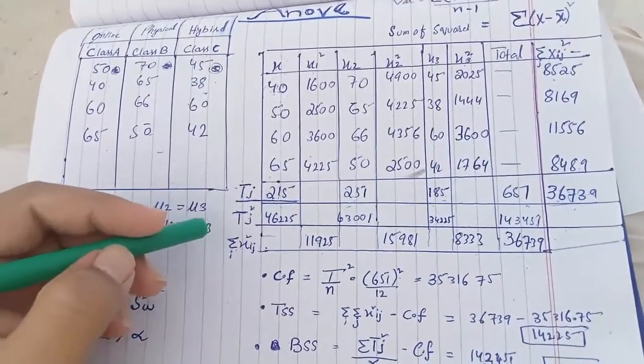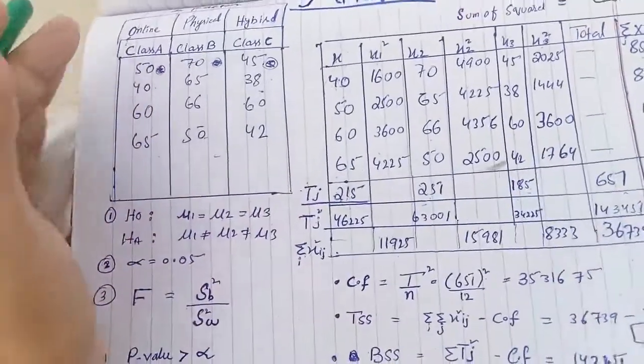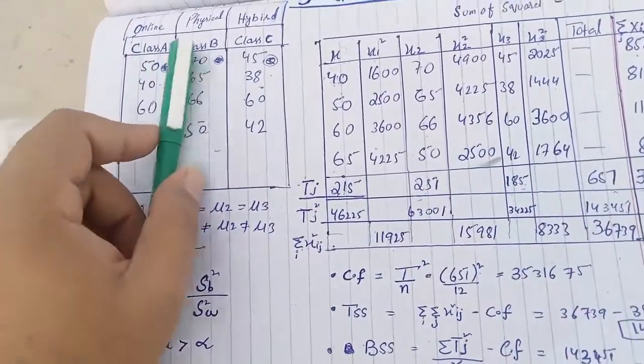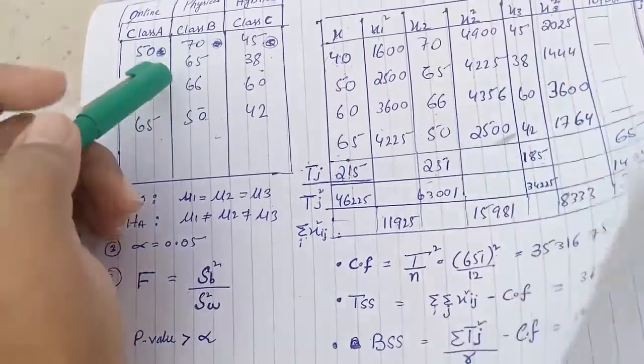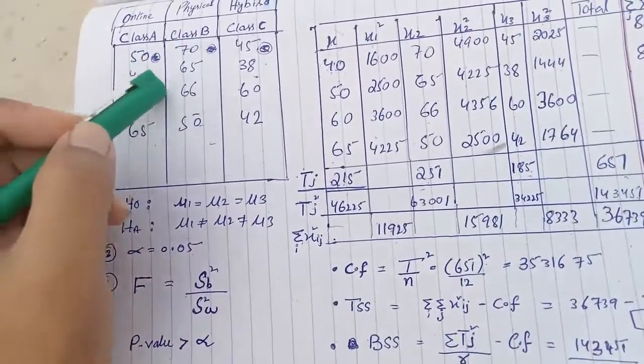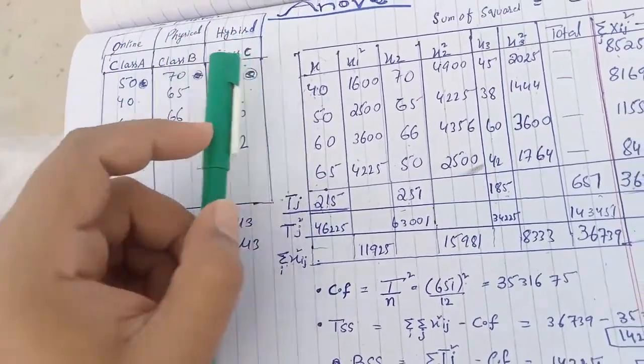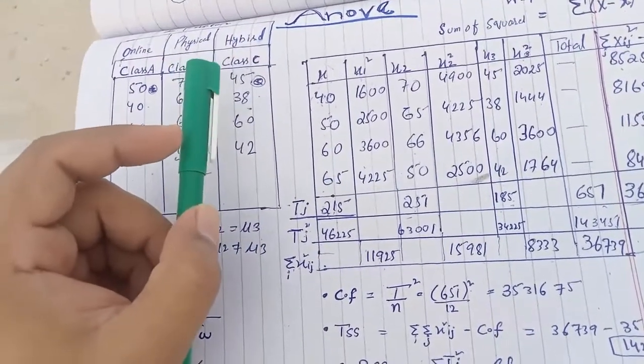What does it mean by between sum of square? Listen, between sum of square means we want to see the variations in this table. We want to see the variation of the student marks between the classes, right?